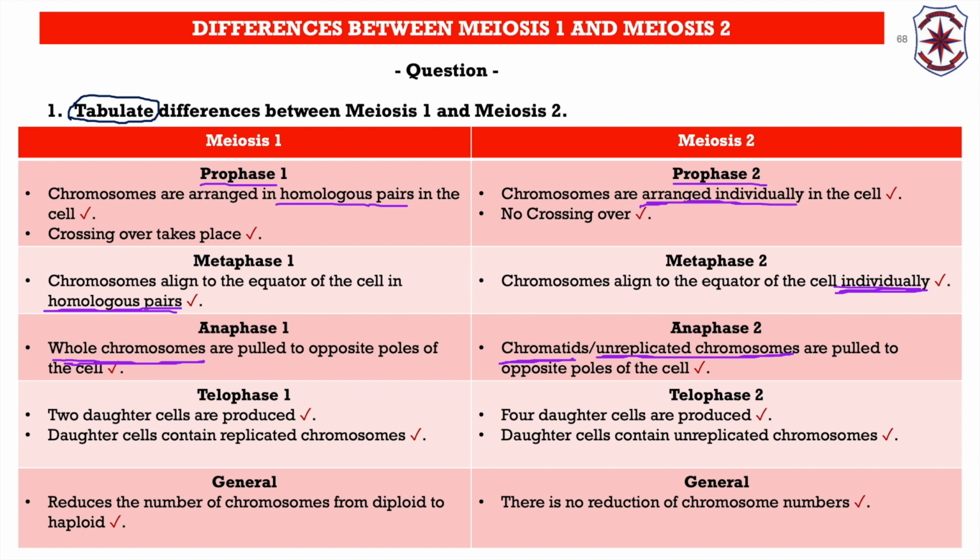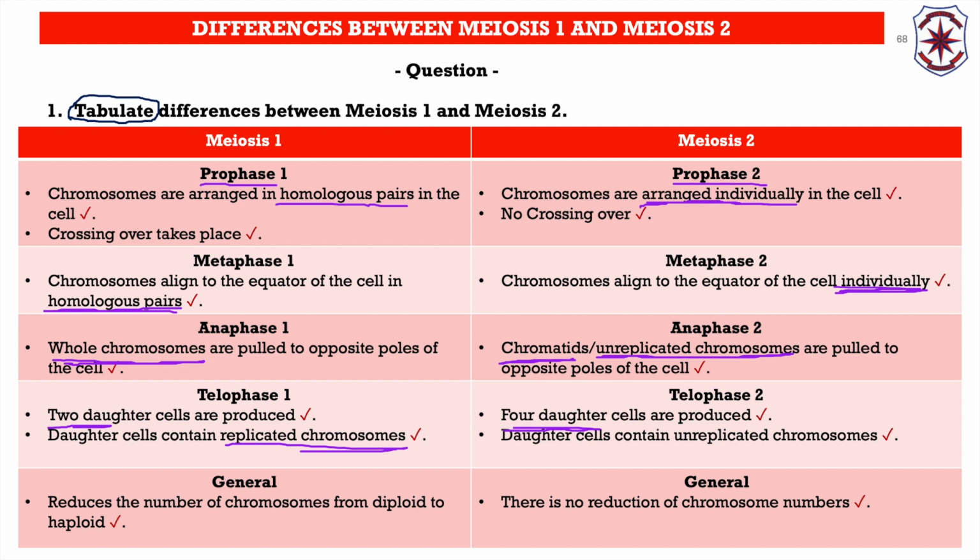Telophase 1, telophase 2. We have two differences. 2 daughter cells are produced in telophase 1, but in telophase 2, we have 4 daughter cells that are produced. Right. At the end of telophase 1, daughter cells contain replicated chromosomes.